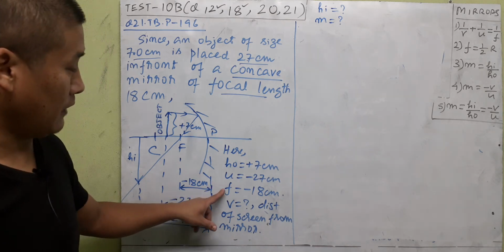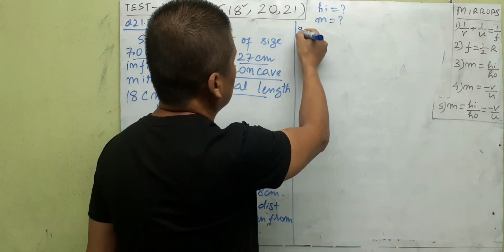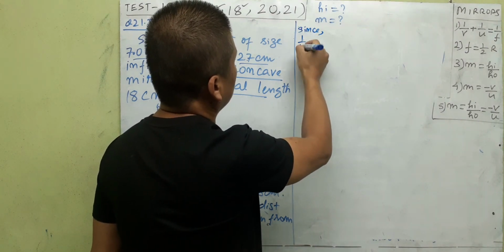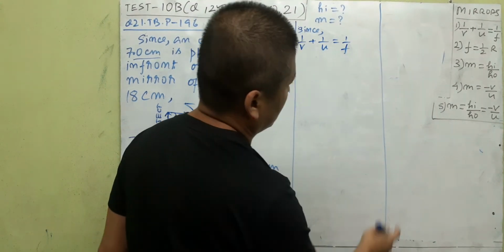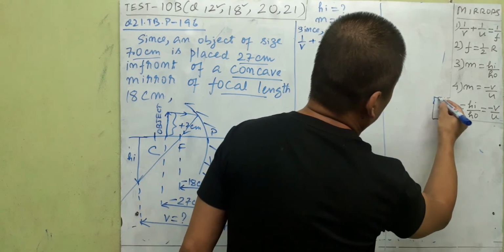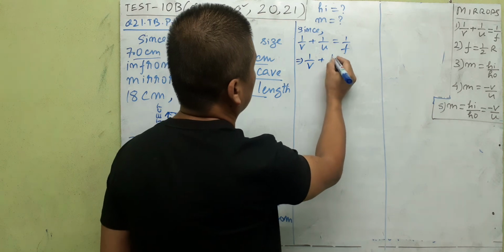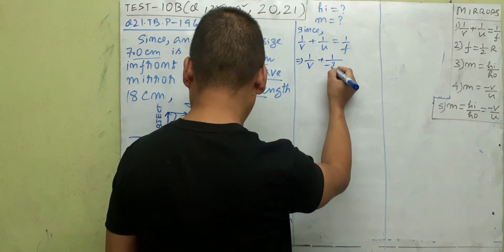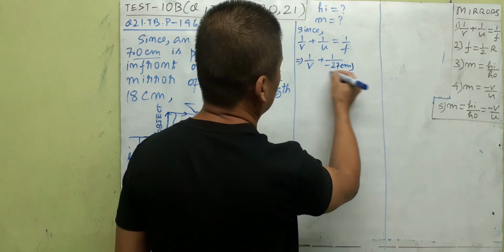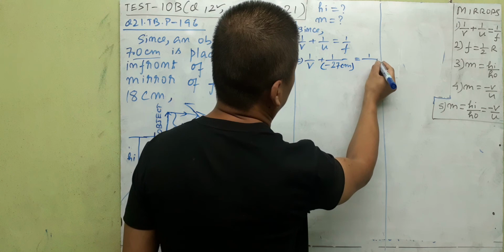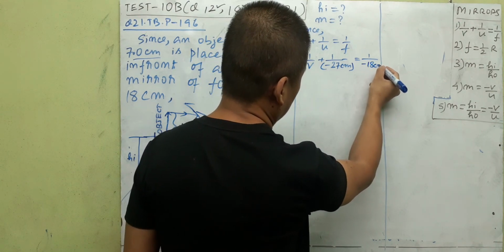So we have U and F, so we can use the first formula to find V. Let us do that. Since 1 by V plus 1 by U is equal to 1 by F, we can write 1 by V plus 1 by minus 27 centimeter is equal to 1 by F, where F is minus 18 centimeter.